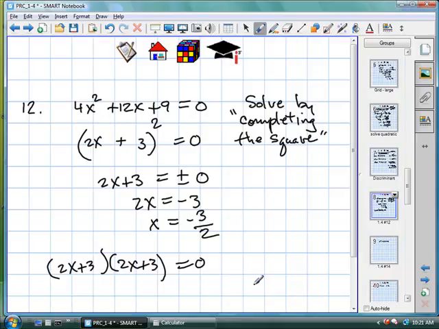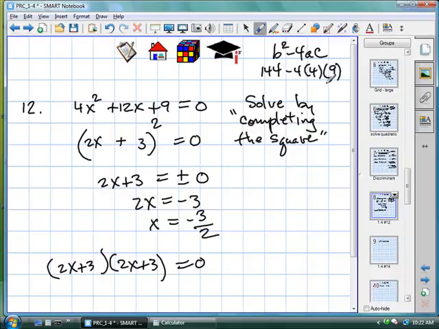All right. Now, let me ask you a question. What if we use the discriminant on this problem? Remember, the discriminant is that thing under the root sign in the quadratic. In my case, what's b? 12, so b squared is, okay, minus 4 times a times c.